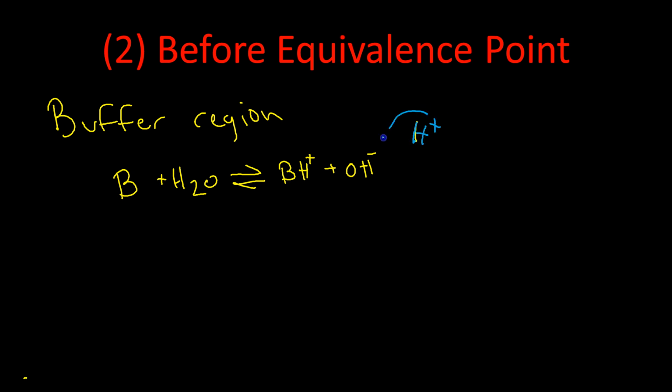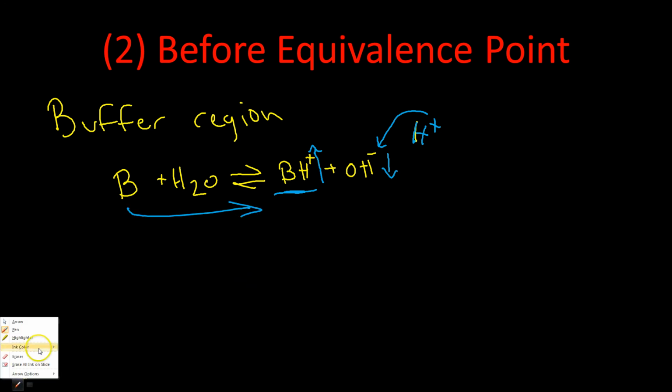That H+ is going to react with hydroxide, and as that happens, because of Le Chatelier's principle, we're going to be forming more of this. So this is going to increase and this is going to decrease, which drives the reaction this way. Another thing we're going to talk about in class is that this is controlled by the Henderson-Hasselbalch equation.